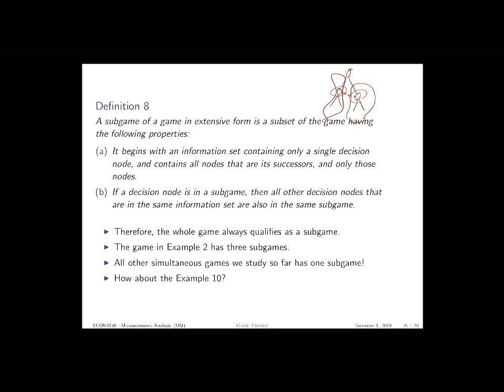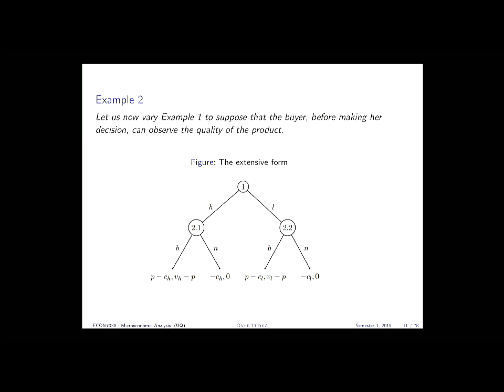Let's first focus on part A, which is the case for games of sequential actions. What I'm going to bring you is this example, and work out with you how many subgames this game has. Remember, the first thing says an information set contains only one decision node.